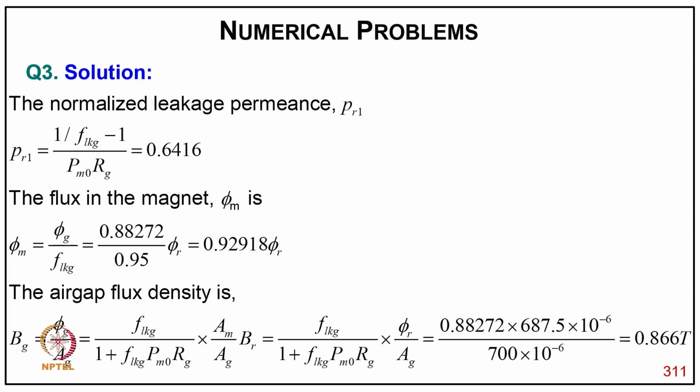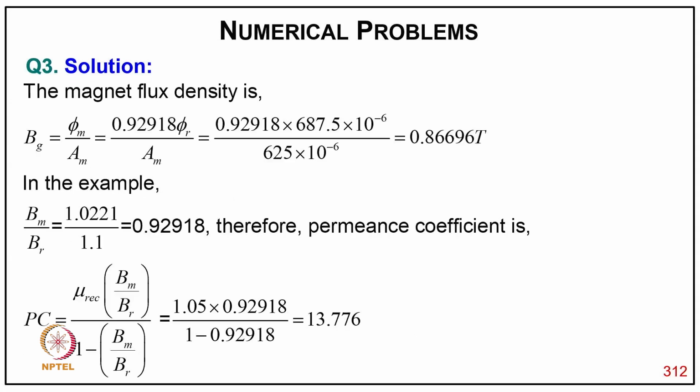So it's 0.6416, and the flux in the magnet phi m equal to phi g upon fLk. Putting values it comes 0.92918 phi r, and the air gap flux density Bg equal to phi g upon Ag, which becomes phi r divided by 1 plus fLk Pm0 Rg into Ag. So it comes 0.88 Tesla.